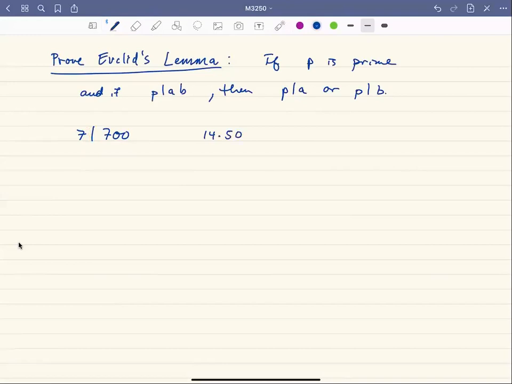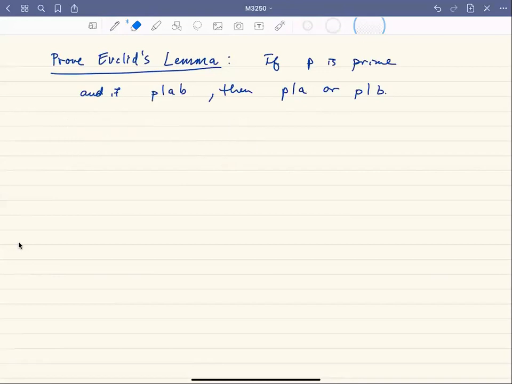I can math. The point is that however you factor 700, a 7 has to go somewhere. You can't have part of a 7 go here and part of a 7 go there, because 7 is a prime. You can't factor it into smaller terms.